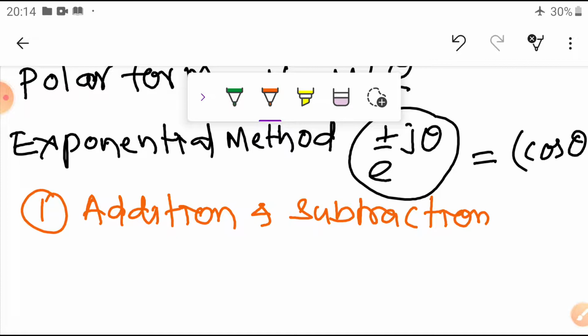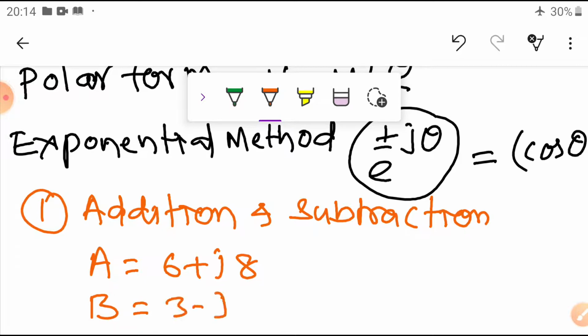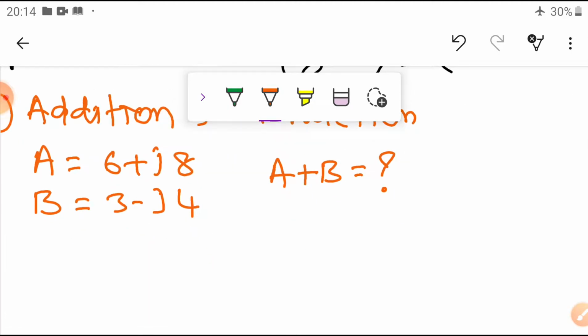For example, one vector is given, A is equal to 6 plus j of 8. Vector B is given as 3 minus j of 4. Two vectors are given and I want to add them, A plus B. What is the value? Rectangular form is better here.